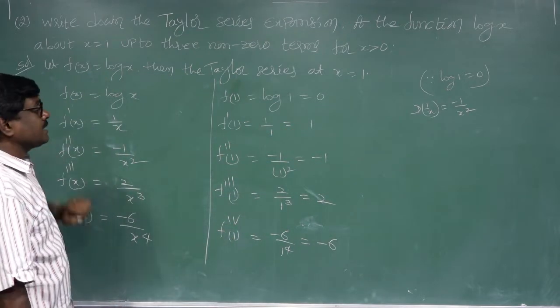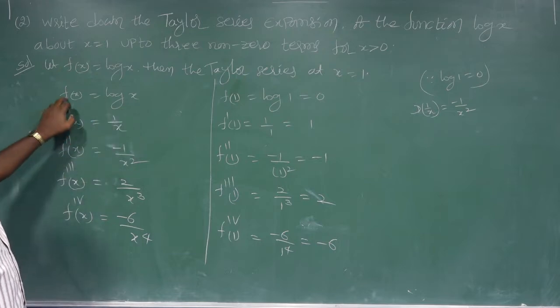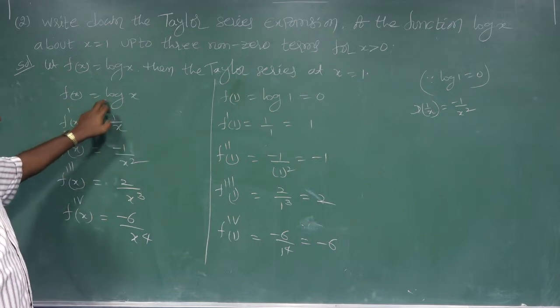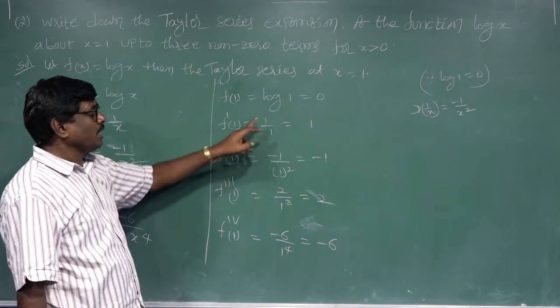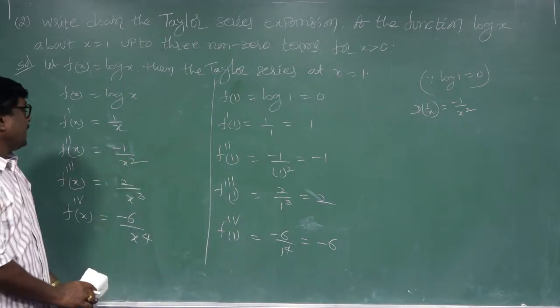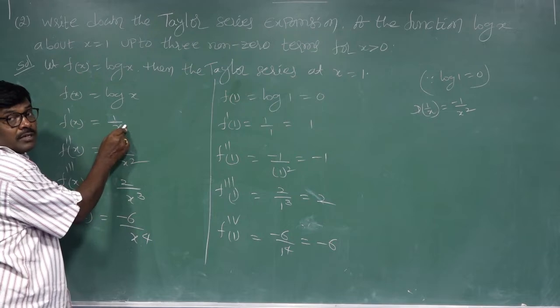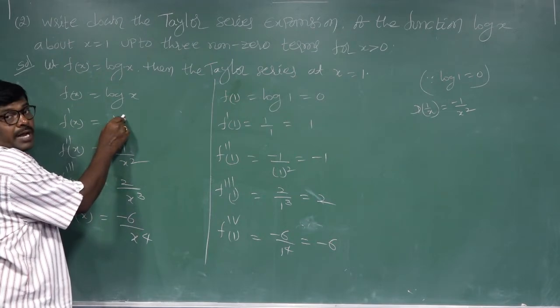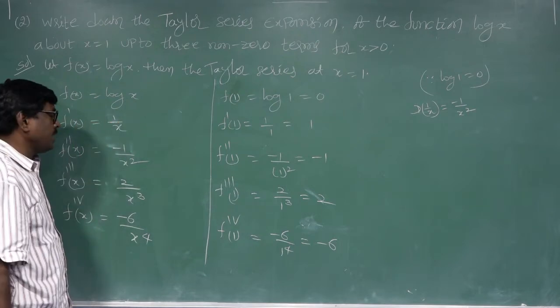Next, log x derivative with respect to x. F of x derivative f dash x. Log x derivative is 1 by x, so f dash 1 equal to 1 by 1 equal to 1. Next, numerator minus 1, plus 1 into minus 1 gives minus 1.